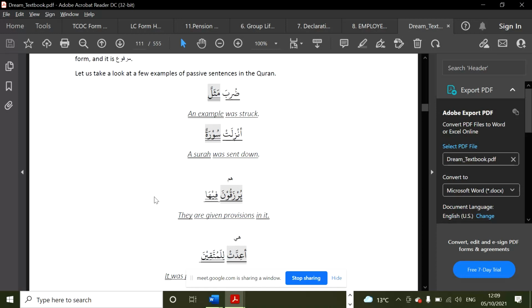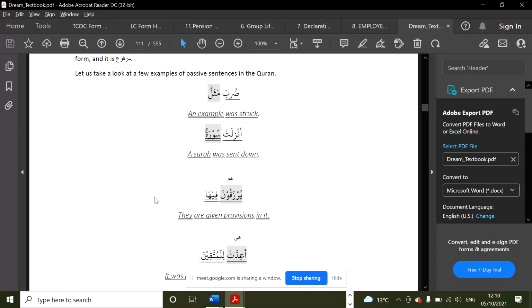Masal means example, and daraba means to strike. So what do we say? An example was struck, in the past tense. It will be duriba masalun, so it is "an example was struck".